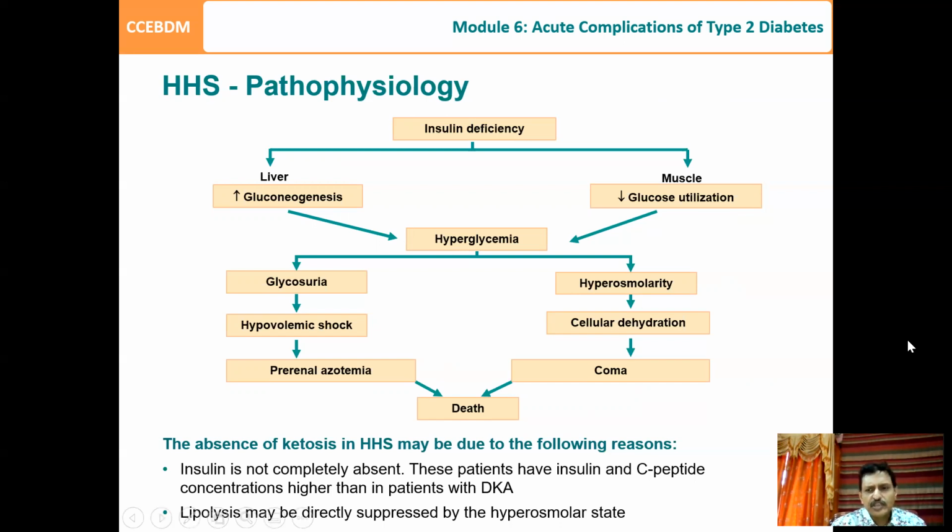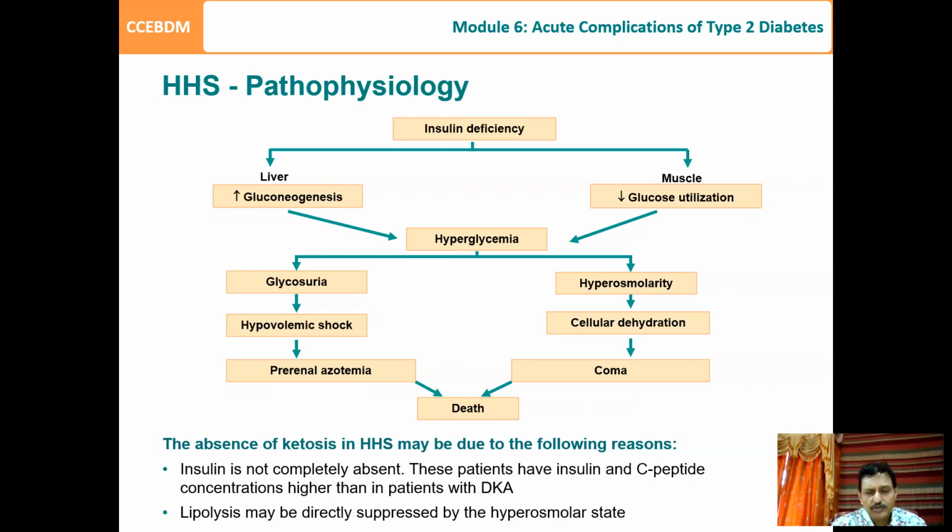Lipolysis itself is basically inhibited by the hyperosmolar state, which we find in this kind of situation, because the blood glucose value is very high. It goes more than 600 milligram per dL, so it produces a hyperosmolar state, and as this is a hyperosmolar state, lipolysis is actually inhibited.